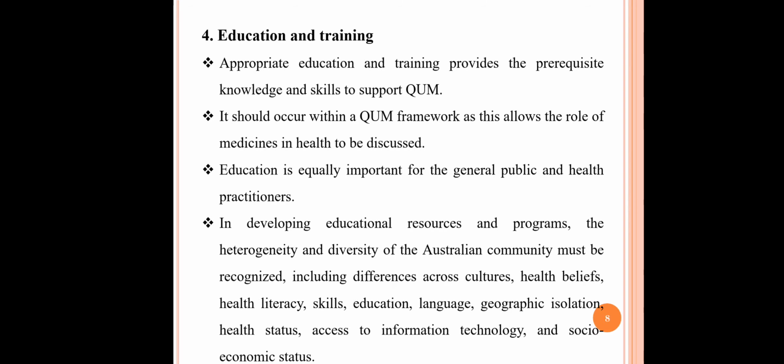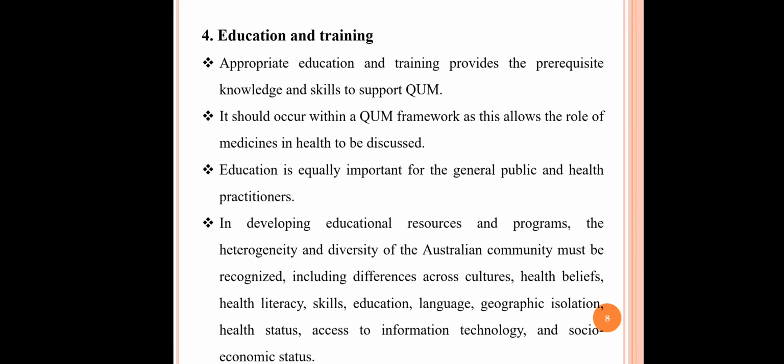Then fourth one, education and training. Appropriate education and training provides the knowledge and skills to support QUM. It should occur within a quality use of medicines framework, as this allows the role of medicines in health to be discussed. Education is equally important for the general public and health practitioners.